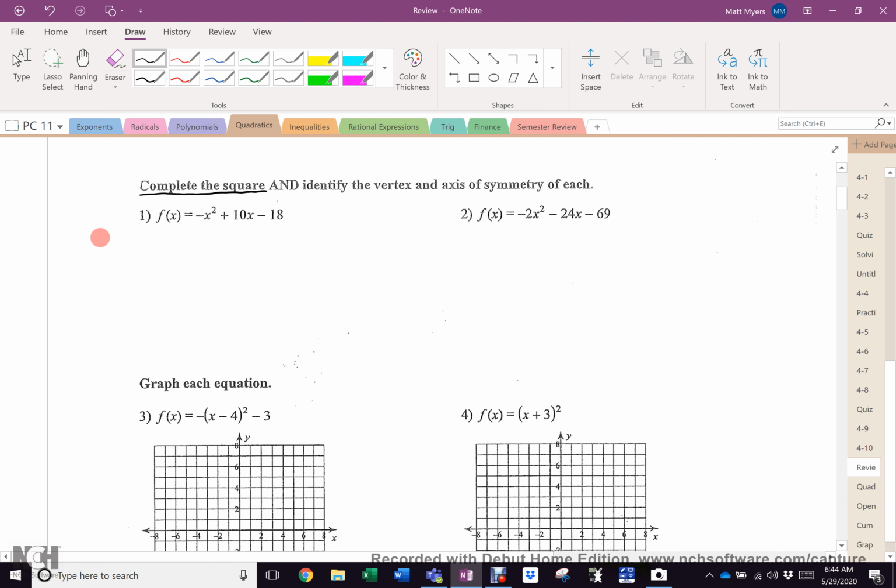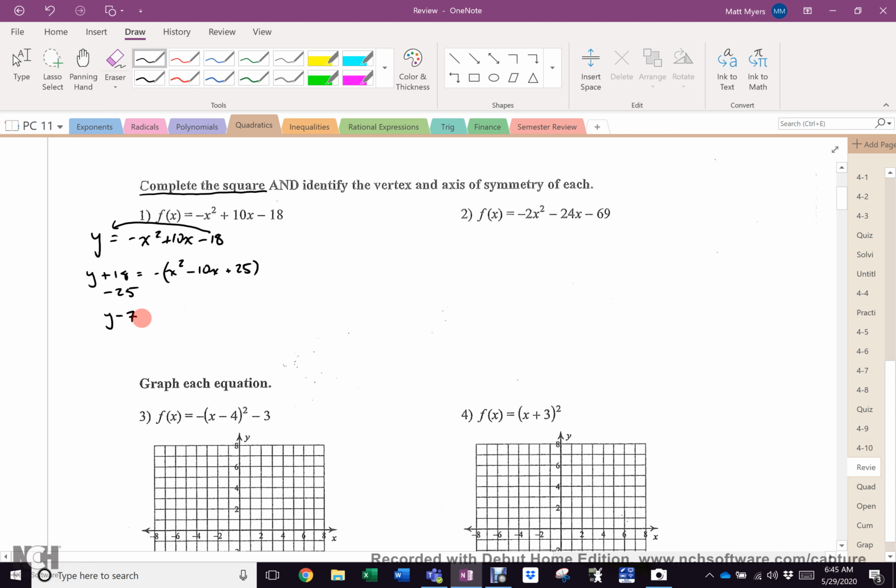So let's do that. We remember this is y equals negative x squared plus 10x minus 18. Move the 18 over. Y plus 18 equals negative x squared minus 10x. Divide by 2, square it, plus 25. So negative 25 was added, so I add negative 25 over here.